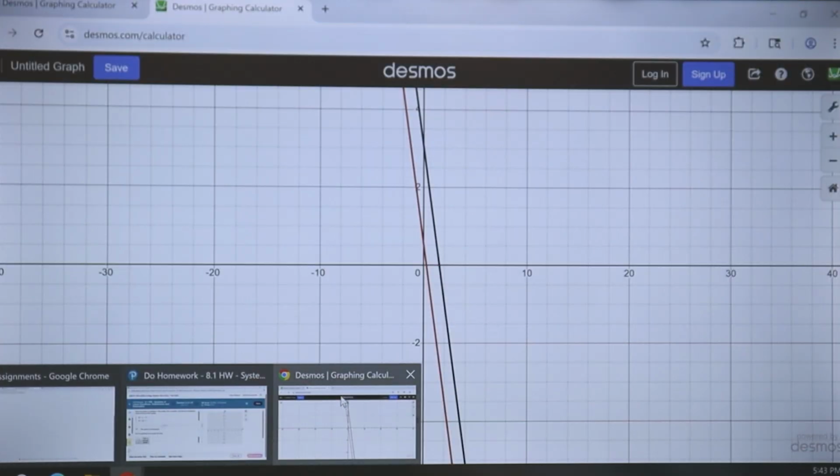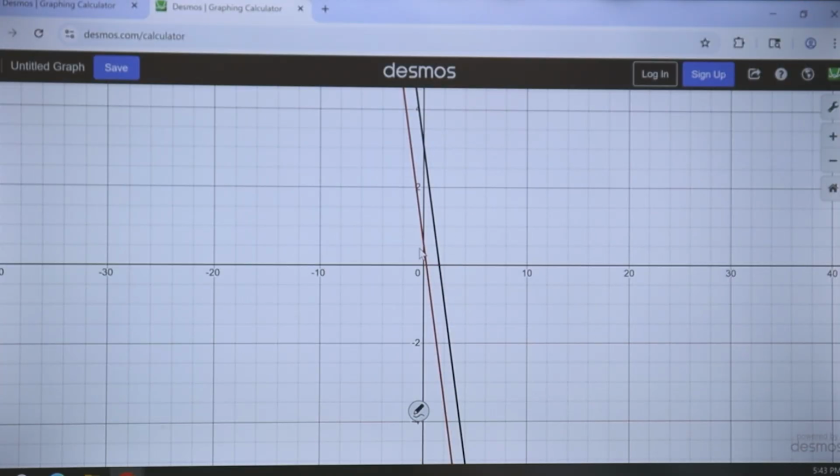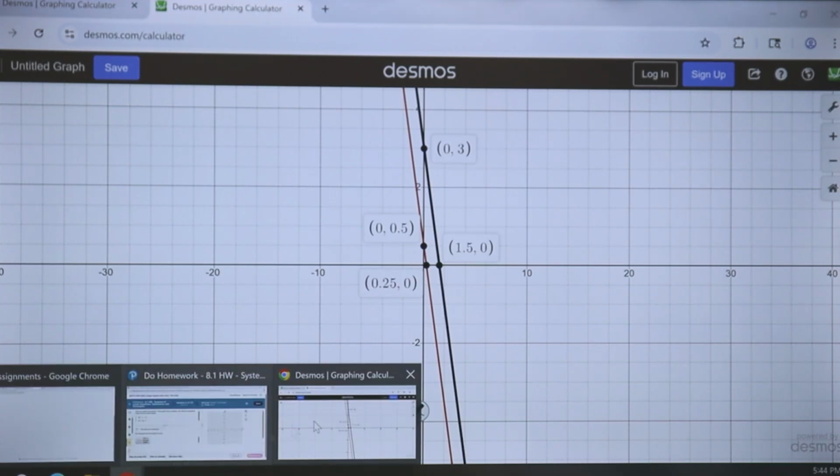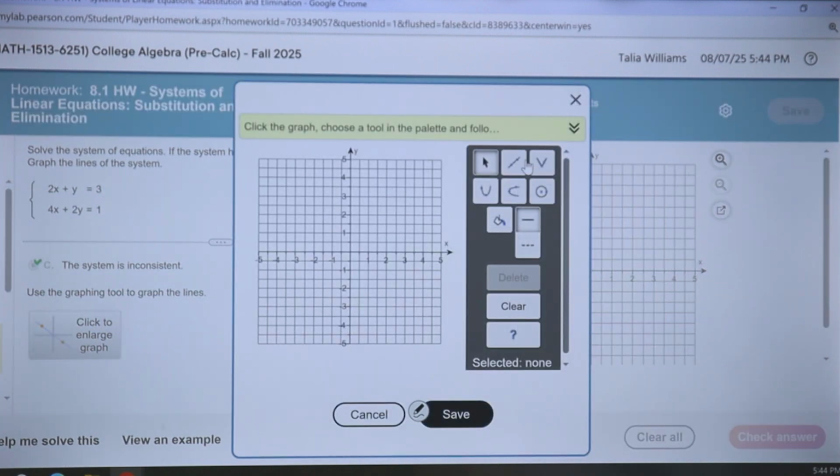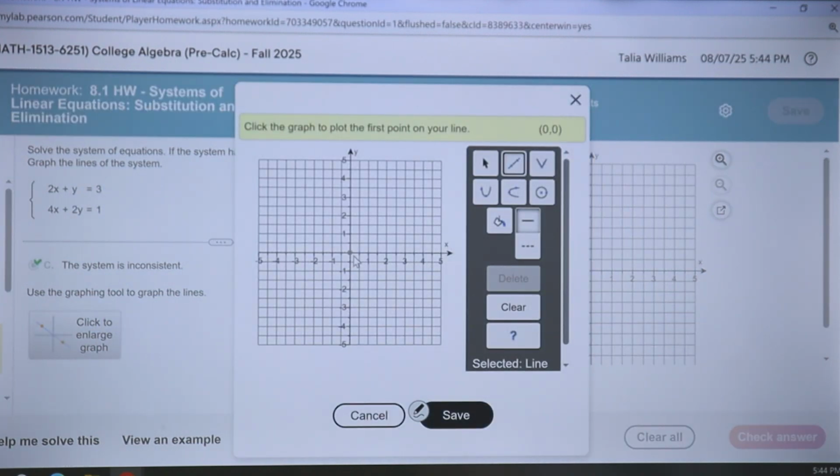Here, we'll go here and see. 0 and 1/2, 0 and 0.25, 1 1/2, and 0 and 3. I don't think I'm going to be able to graph the fourth. They are going by halves here, but not by fourths.